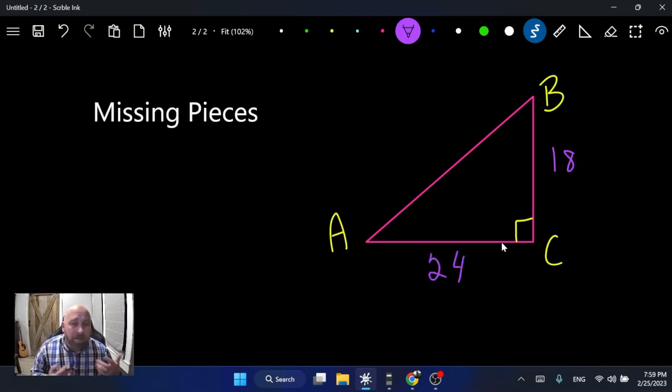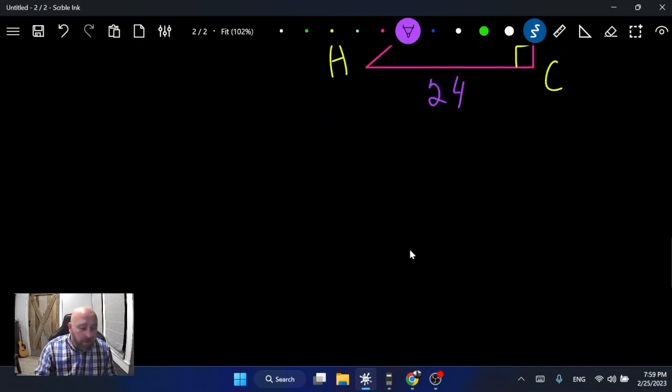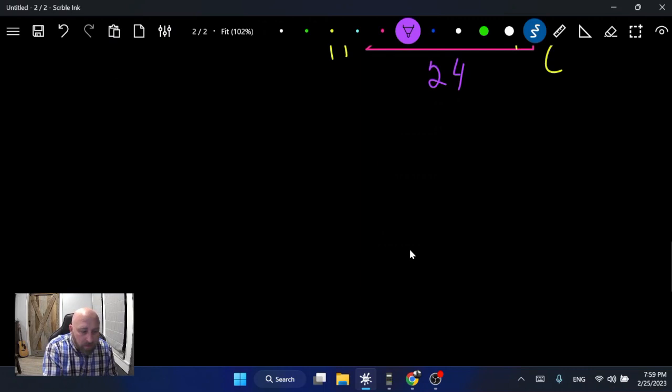Now, up until now, we've always used Pythagorean's theorem to solve this, right? And we could do it: a squared plus b squared equals c squared. It's fine. But we have a ratio. Now, I can actually figure out all of the parts. So we need to know what A equals.